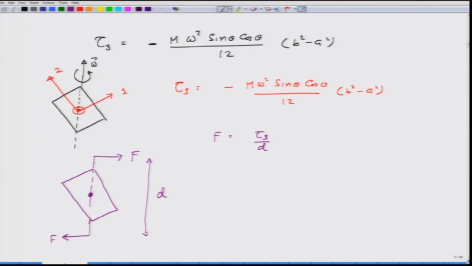So, earlier what we were doing is we were taking I1 omega 1, I2 omega 2 and calculating the horizontal component, right.